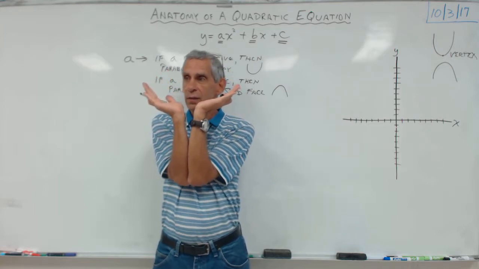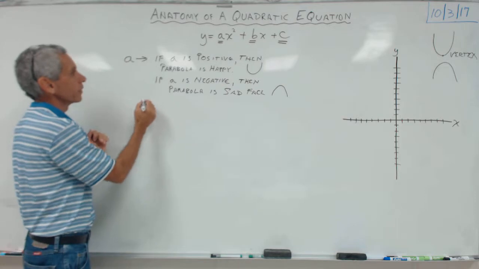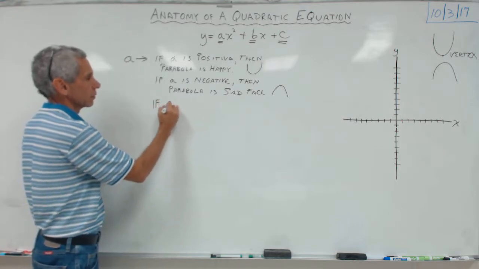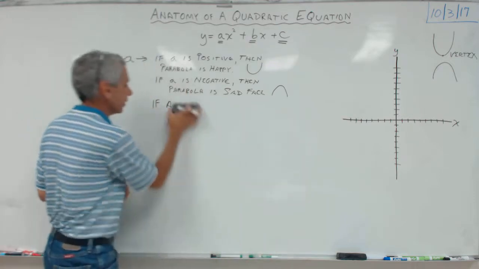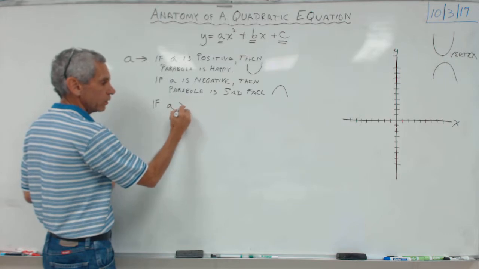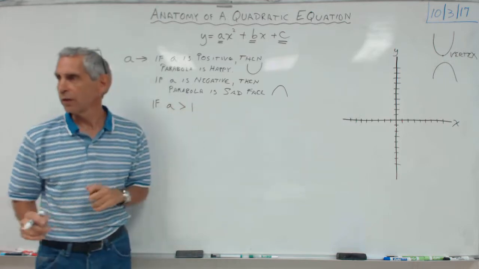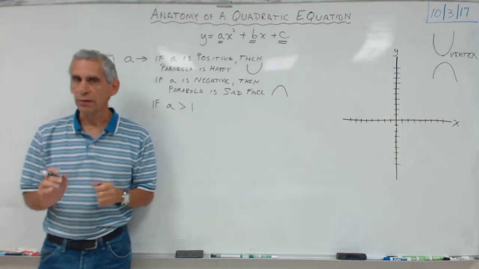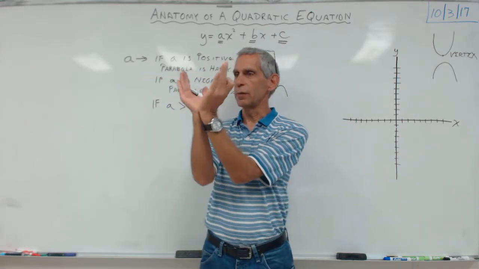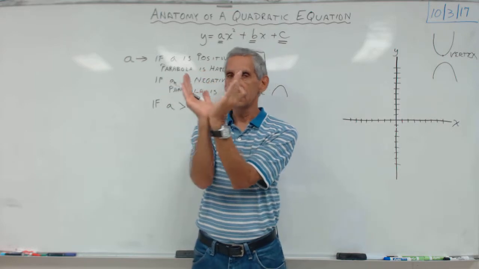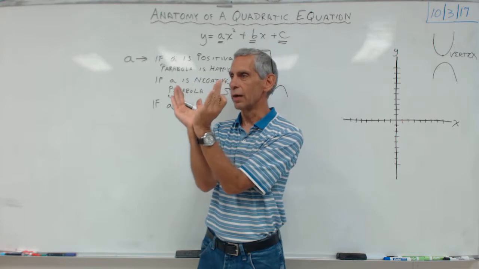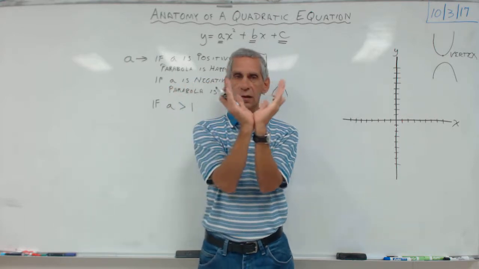So if A is greater than 1, let's think about that for a second. If A were 1, it would look about like this. That's a normal parabola, y is equal to 1x squared.